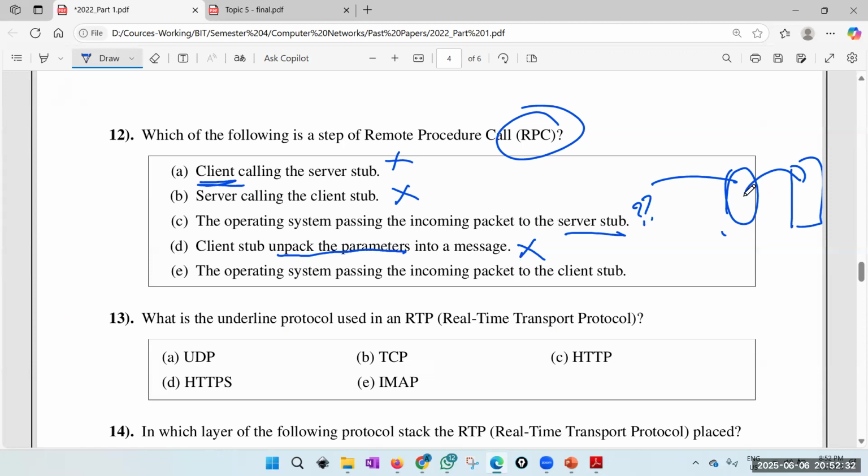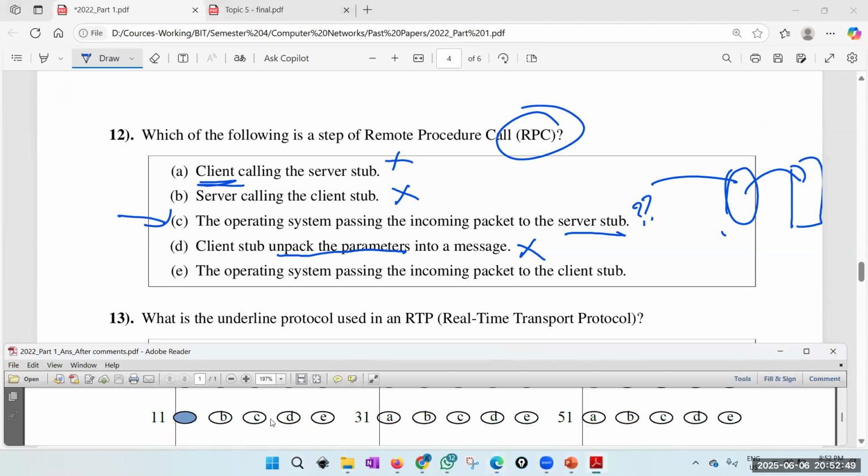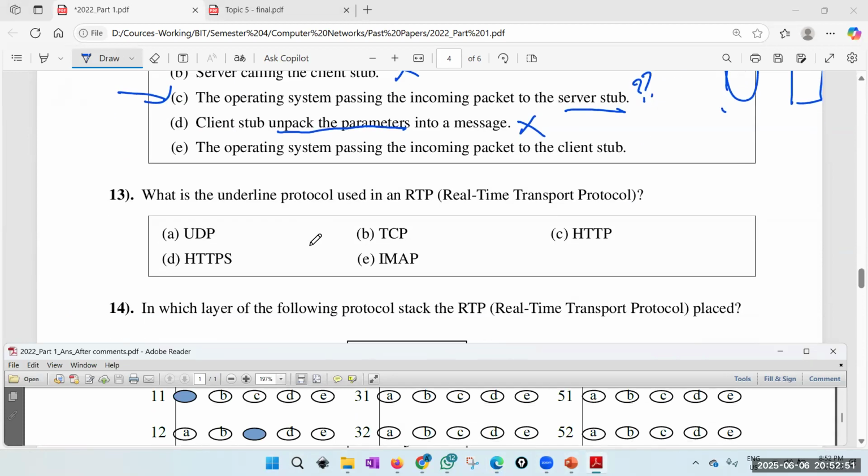And the server stub calls the server. I'll go for C. I think this is the better answer. It should be either C or E, but incoming parameters are not coming to the client, right? The client is the one who sends it. I'll go for C. Yes, C.